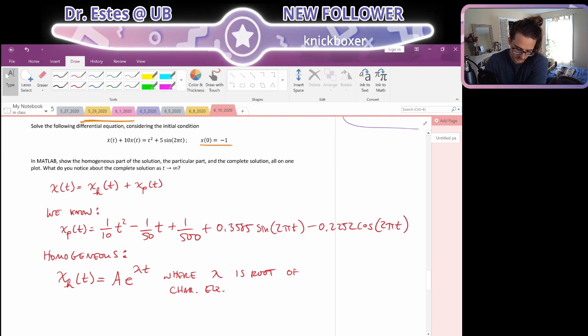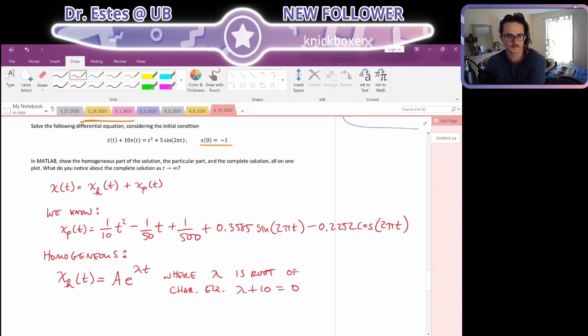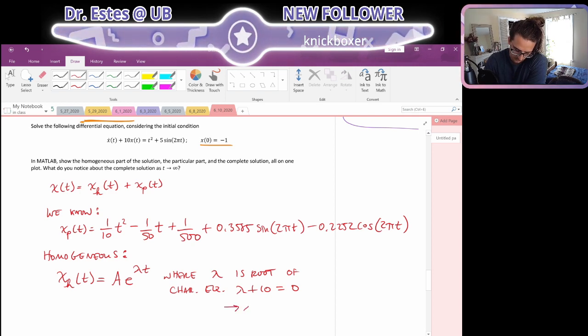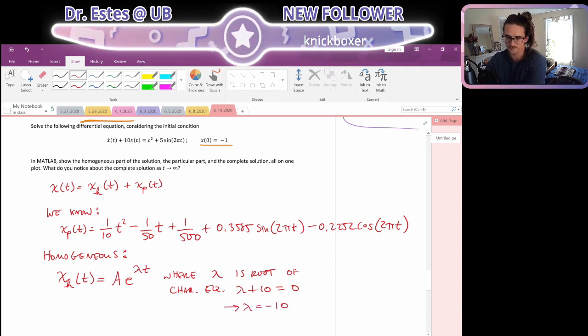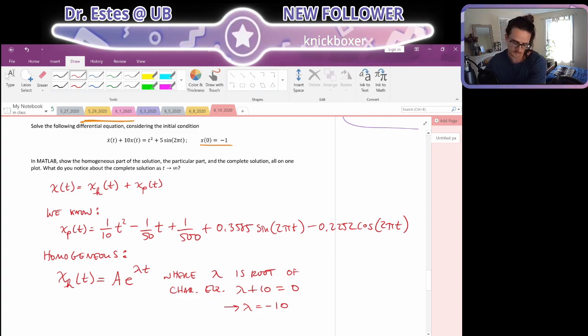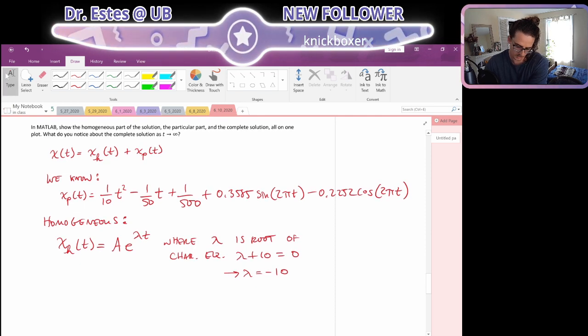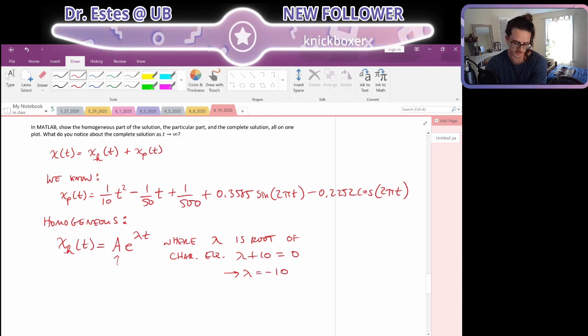What's the characteristic equation? It's lambda plus 10 equals 0. So therefore, lambda equals minus 10. But we don't know what this coefficient a is yet.